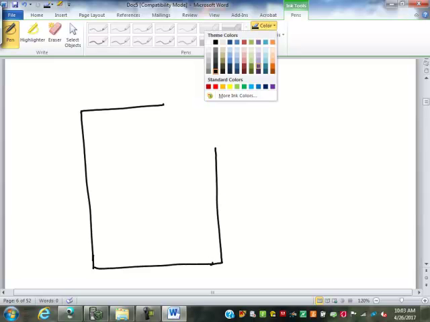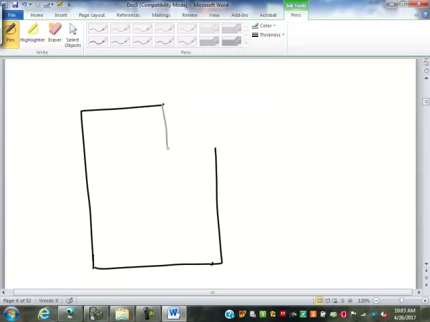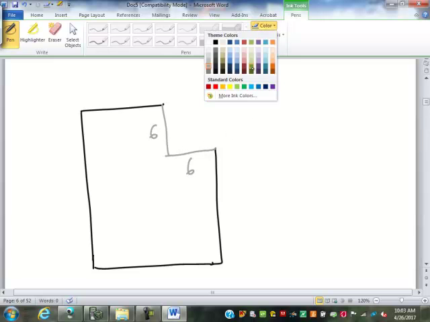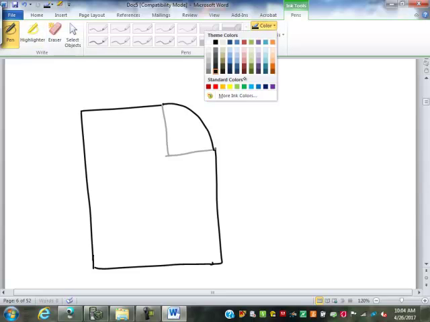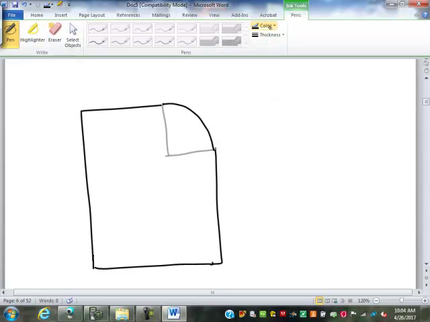This time, instead of chopping out a corner here that's 6 by 6, I'm going to make that corner a half circle. I'm not going to tell you it's 6 by 6. I'm going to tell you this side here is 24. This side here is 20. And from here to here is 18.